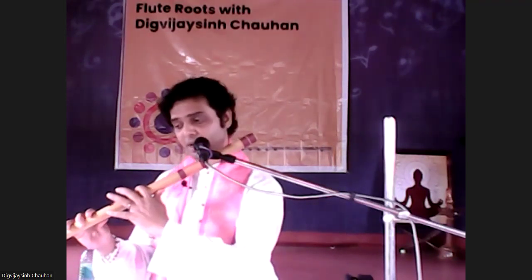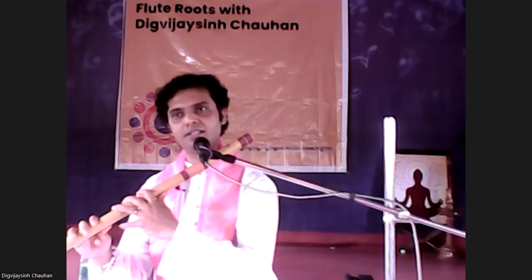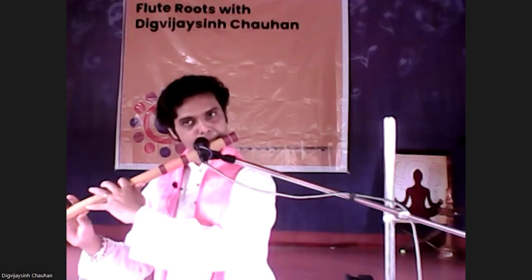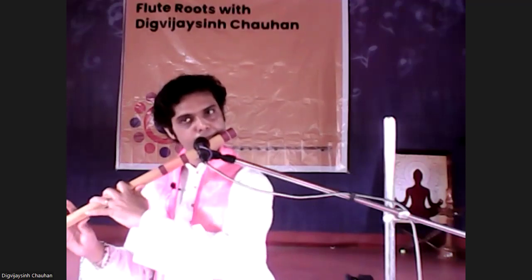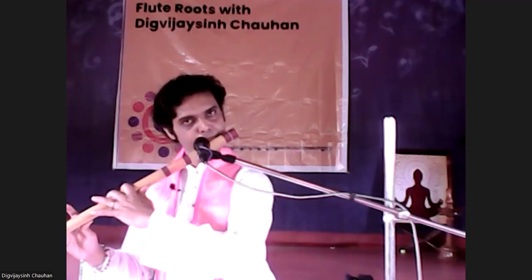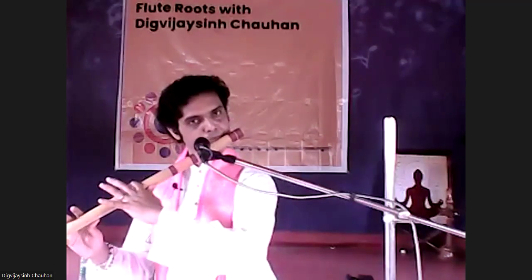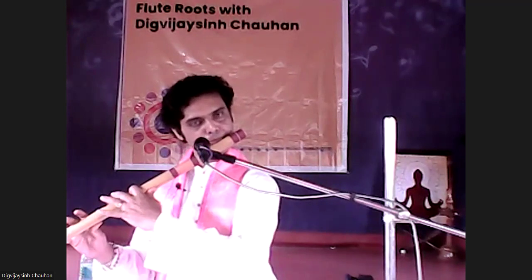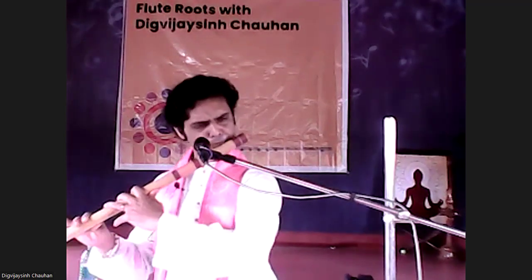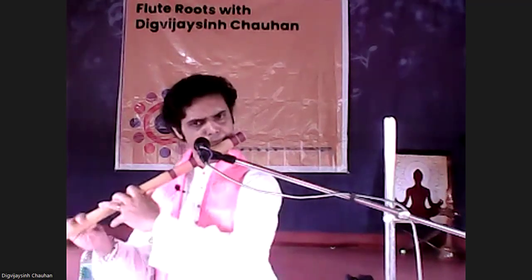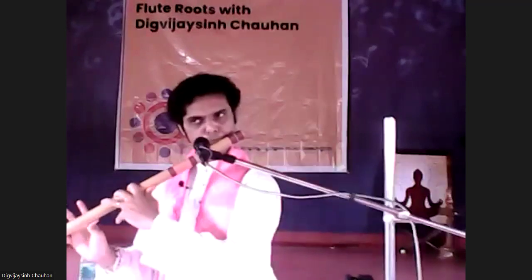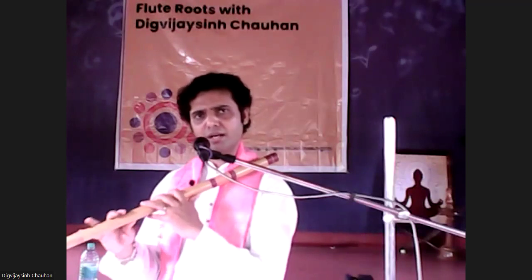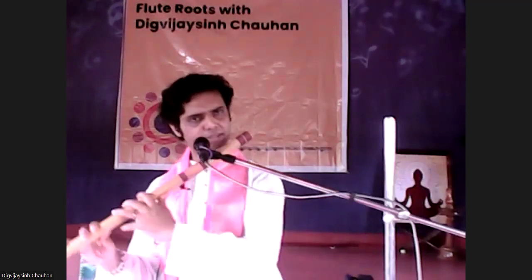This is ornamentation. Ga ga re re sa sa dha pa. Ga ga re re sa. Kana. Dha dha dha dha dha dha dha dha pa dha sa re ga re sa.